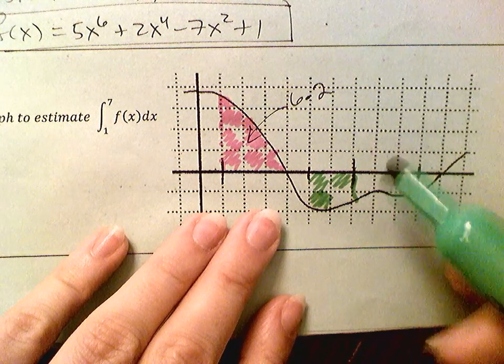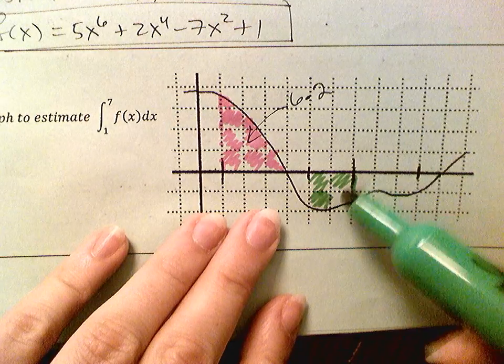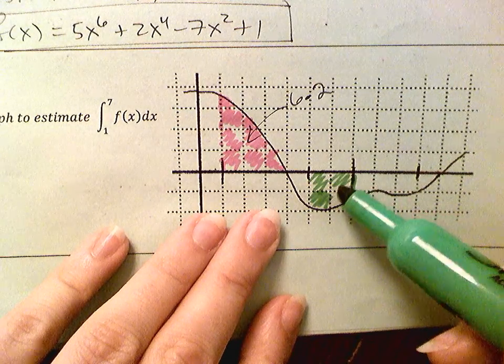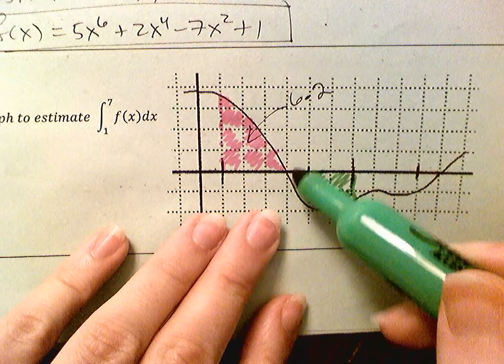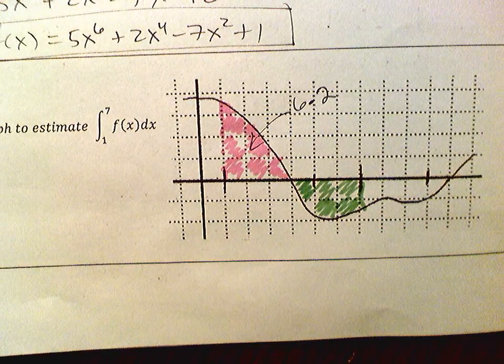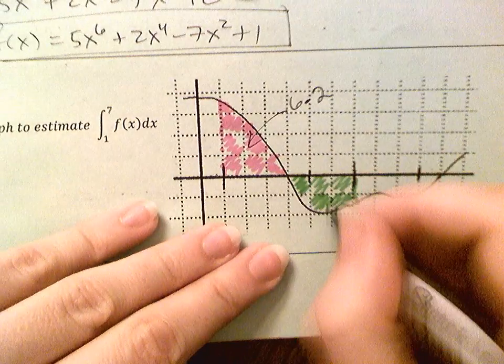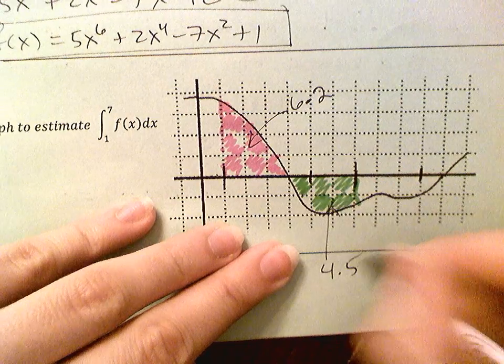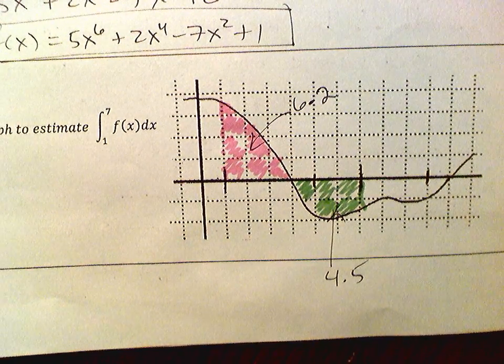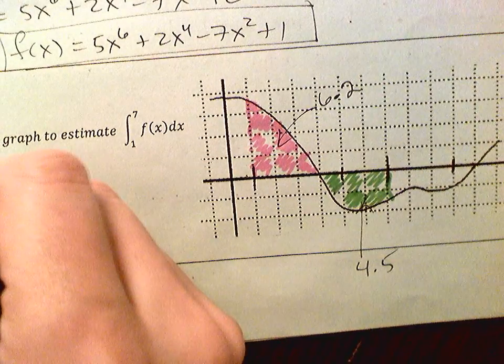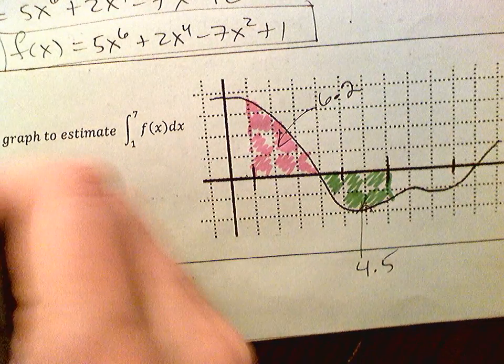Okay, so I had 1, 2, 3. I'll call it, I don't know, 4.5. A lot of you are probably better at this than me. I'll call that 4.5.